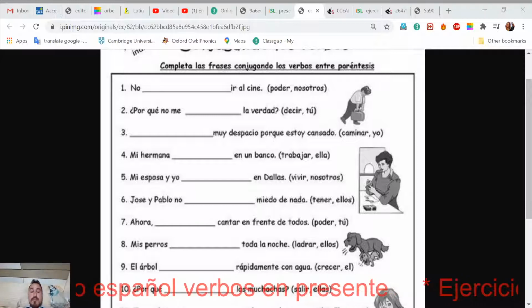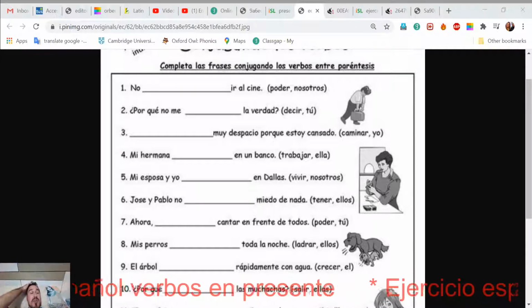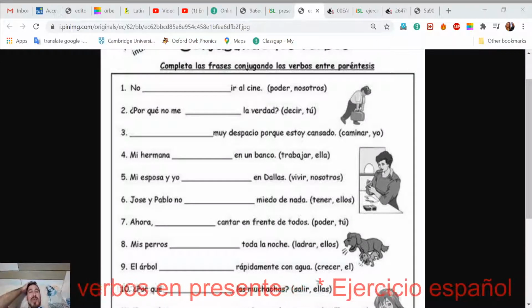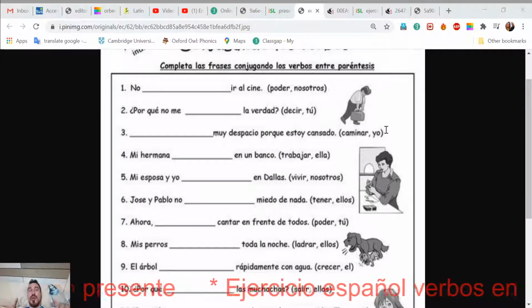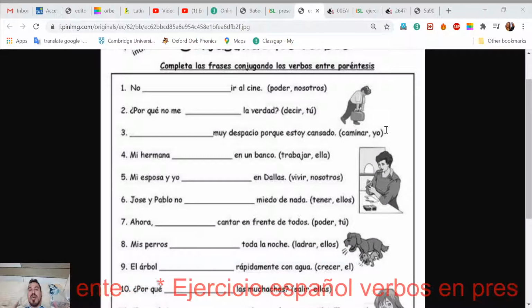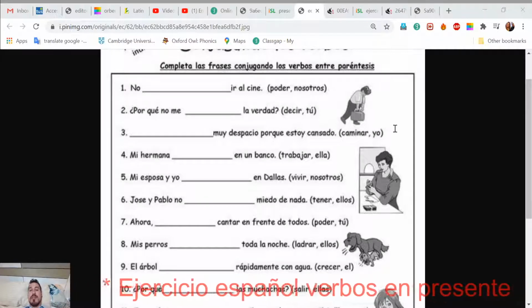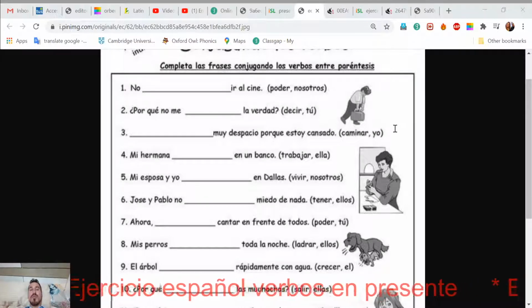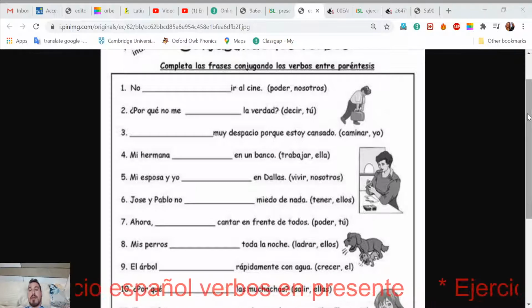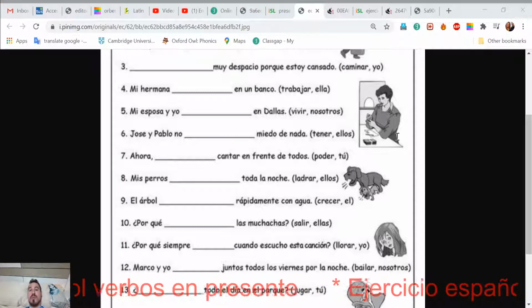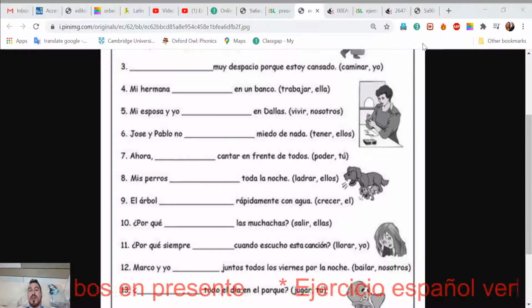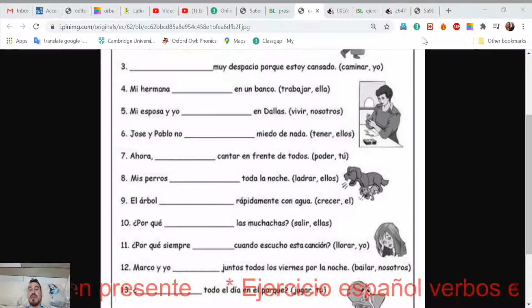Okay. So no, you cannot really translate word by word when you're learning a language. You should learn your vocabulary by chunks. Okay. So for example, a menudo is frequently. And remember that each language has its own personality or way of conveying ideas.